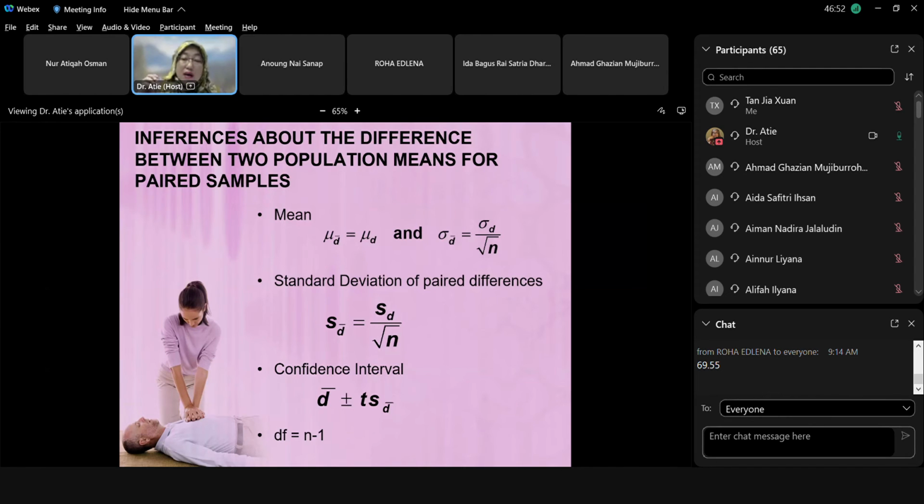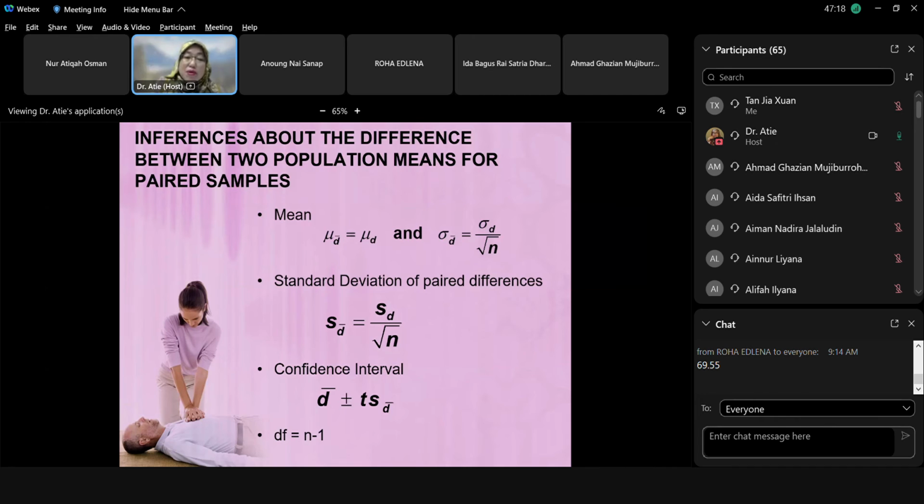Why in statistics do we use the word treatment? Because as I said, dependent samples are very popular among doctors, medical people, psychiatrists, and psychologists. Usually they give treatment to the patients. So that's why the word treatment is very popular in statistics for dependent samples.